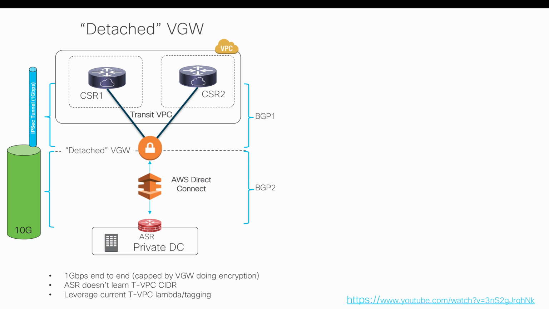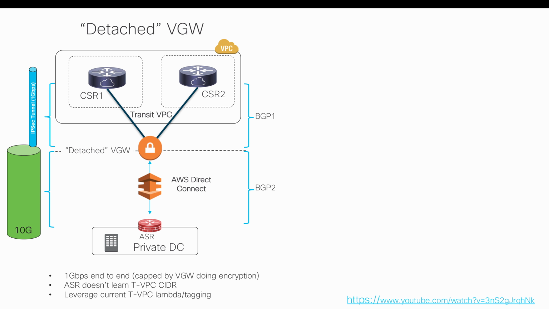And because the VGW is doing the IPsec, the throughput is limited to 1 gig today, and I think Amazon has also improved that throughput. But basically, if you have a 10 gig pipe, you will only be able to leverage the 1 gig connection. If you have a 1 gig or sub 1 gig, I think that's totally fine.